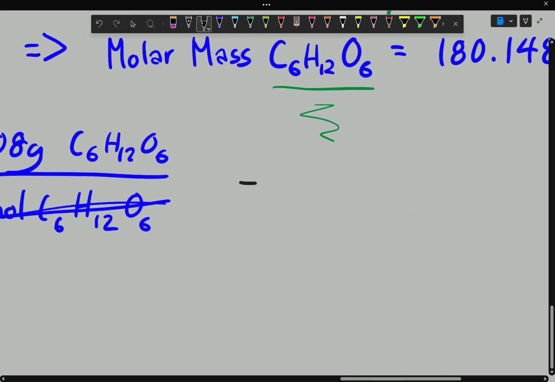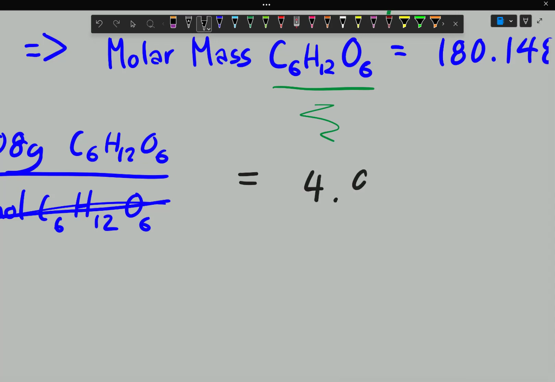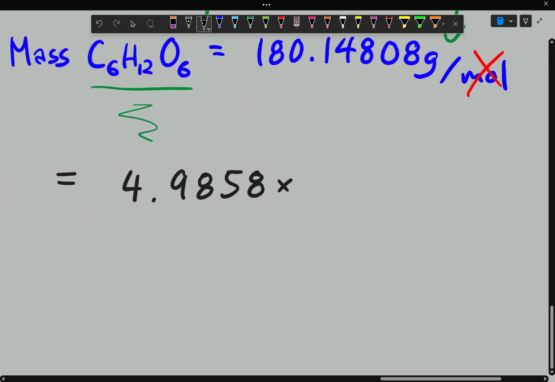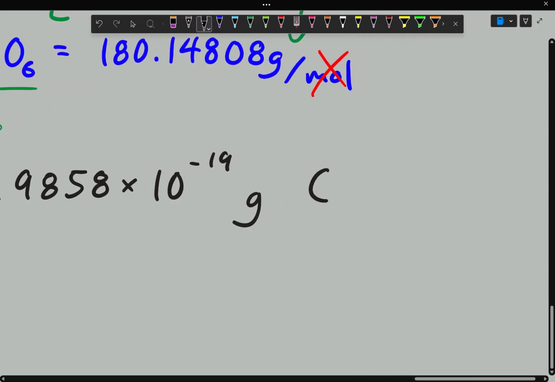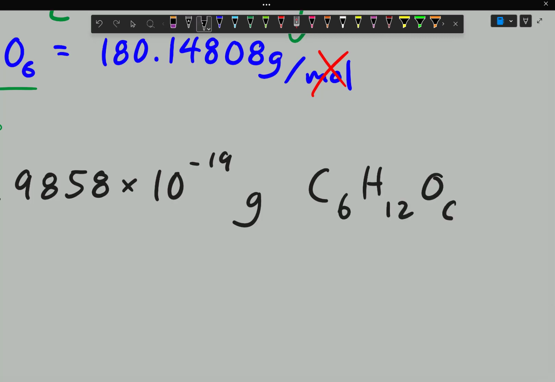And if you multiply those numbers out, you are left with 4.9858 times 10 to the negative 19 grams of C6H12O6.